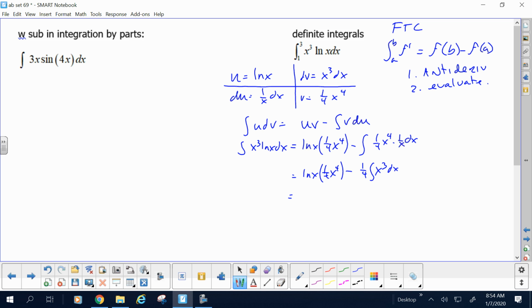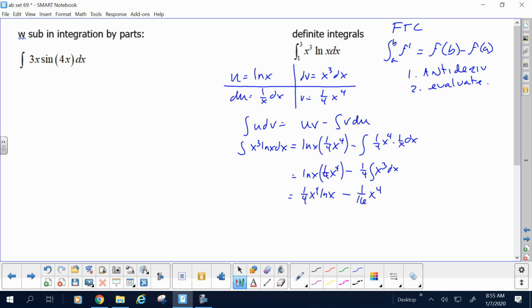So for the final antiderivative, I'm going to write the 1/4 x to the 4th in front of the log so I don't get confused as to where the log argument stops and starts. What's the antiderivative of 1/4 x cubed? 1/16 x to the 4th. Now we typically put a plus c there, and I guess you could put a plus c there, but don't sweat it. You with me so far?